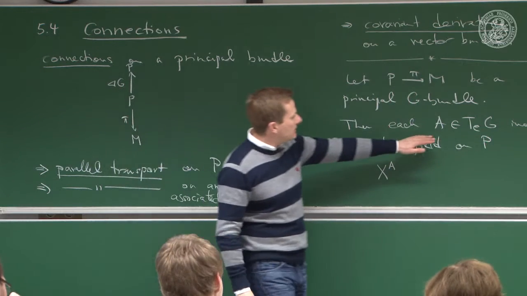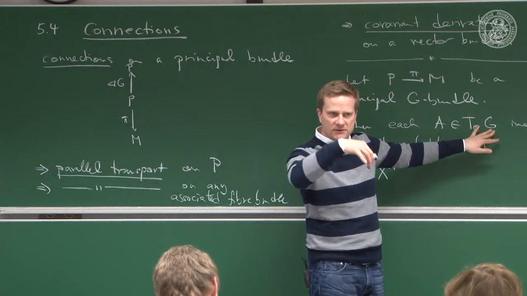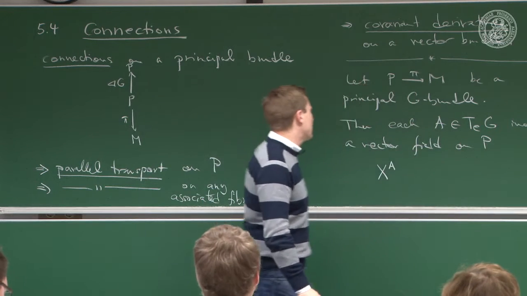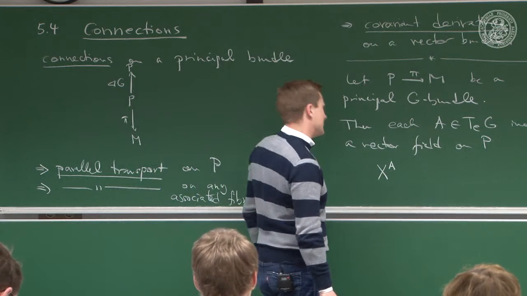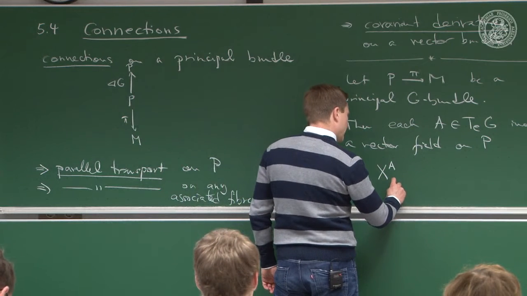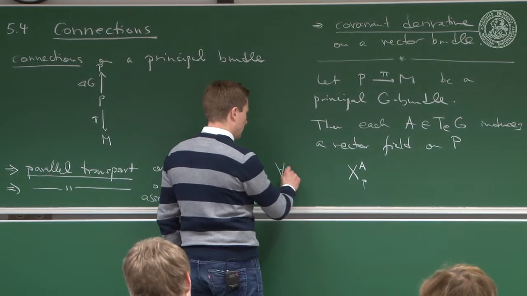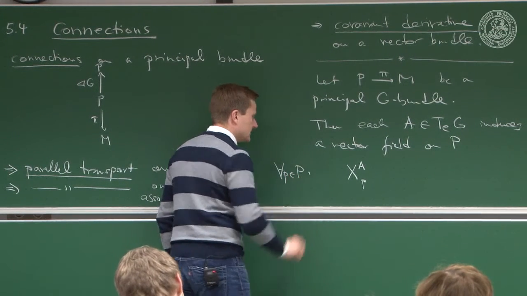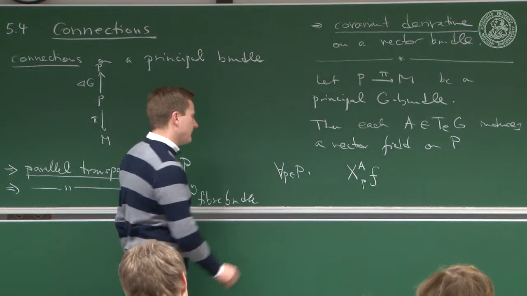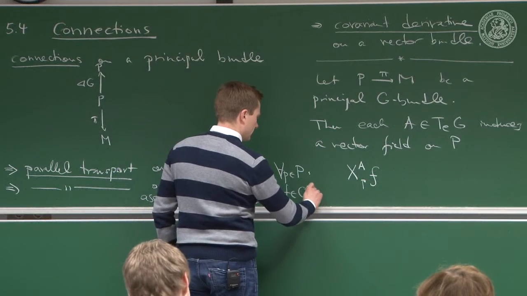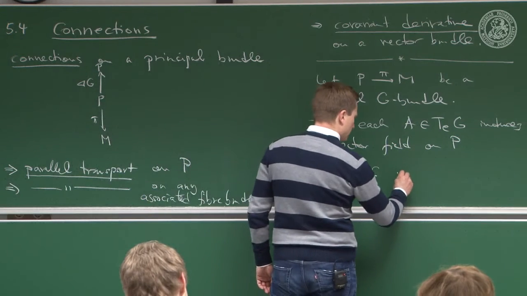We know that a Lie algebra element induces a vector field on the group by the exponential map. But now we want to induce a vector field on P. This vector field on P is called X_A, and we define it at each point p in P by its action on a function f on P as follows.